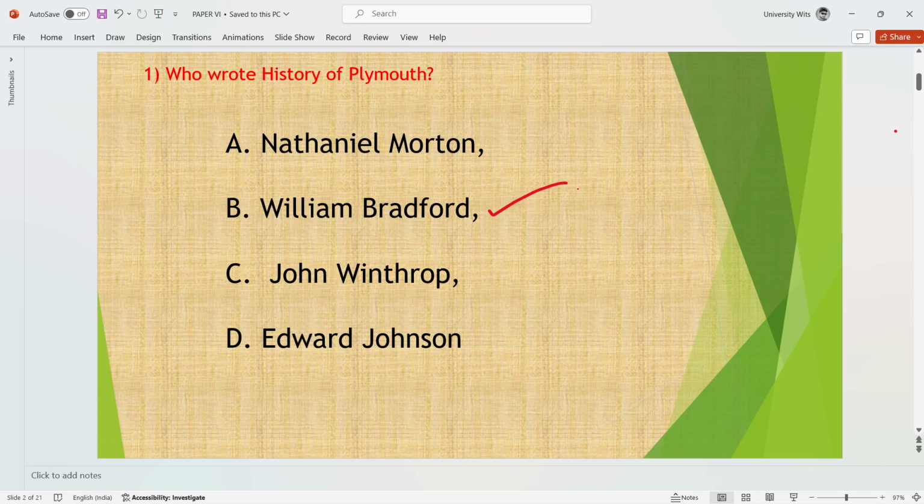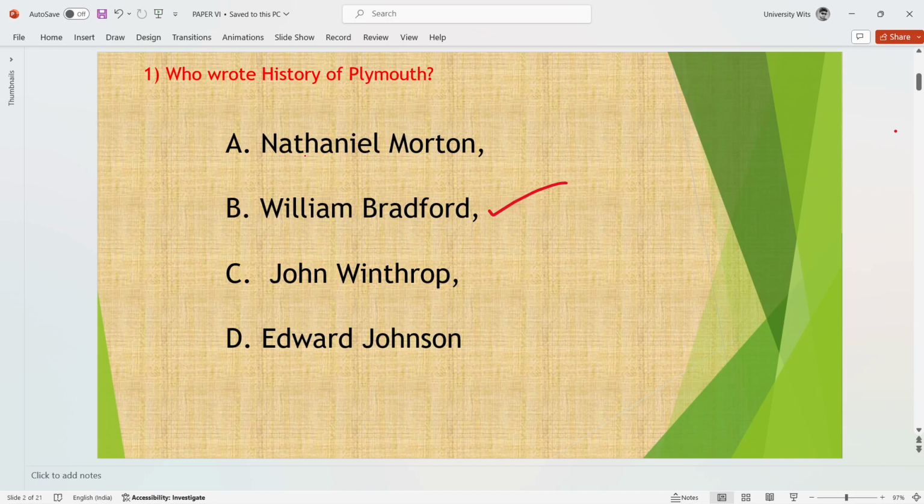Now the remaining options. Nathaniel Morton was William Bradford's nephew, and wrote New England's Memorial, based on Bradford's work and other sources.